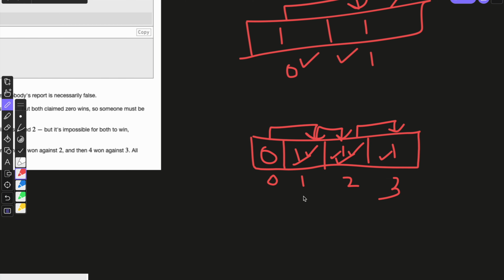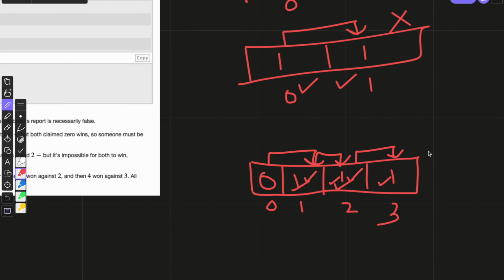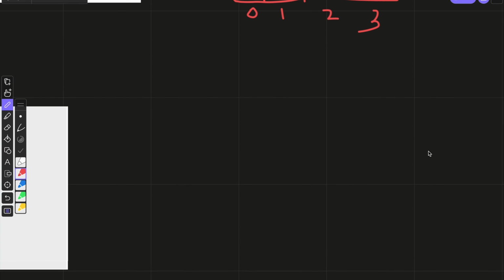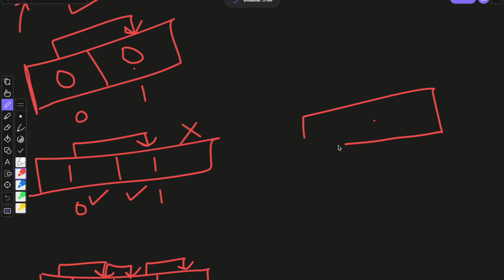Okay, so what we are seeing while solving all these test cases is that whenever we have consecutive zeros, it cannot happen, because if one player loses, the other one wins.